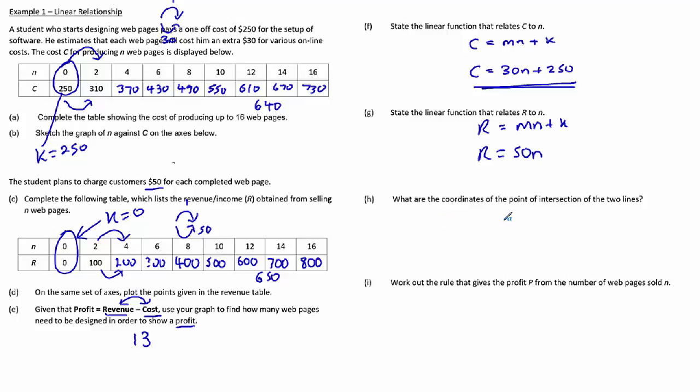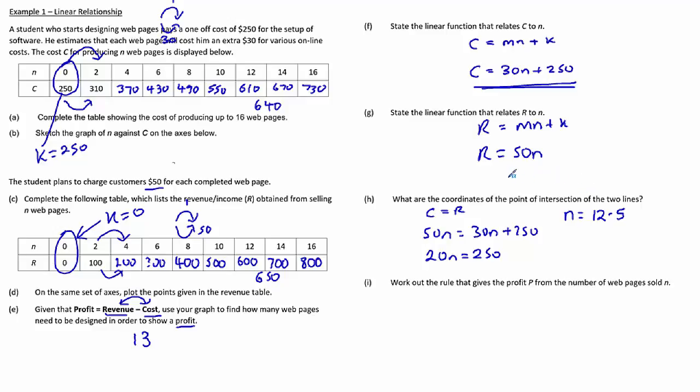What are the coordinates of the point of intersection of the two lines? Well, the graph isn't really accurate enough to do that, but we can solve these simultaneously. So the point of intersection is when c is equal to r, which means that 50n will be equal to 30n plus 250. So 20n is equal to 250. So n would be equal to 12.5.